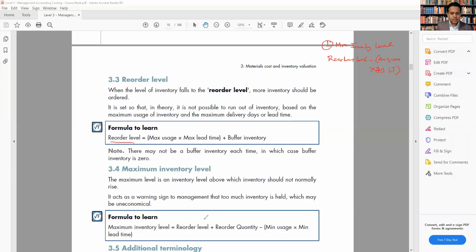Reorder level, number 2: reorder level is maximum usage times maximum lead time plus buffer inventory.